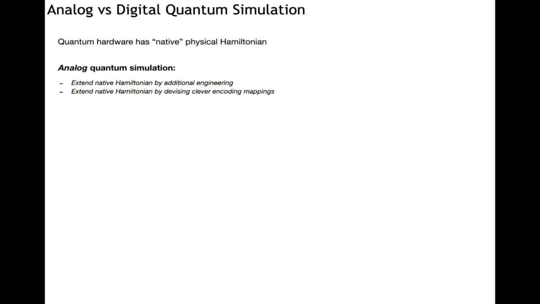So you can play these two games, and basically you have your system. It functions more or less in the way it wants to function, up to some massaging. This is an analog quantum simulation.